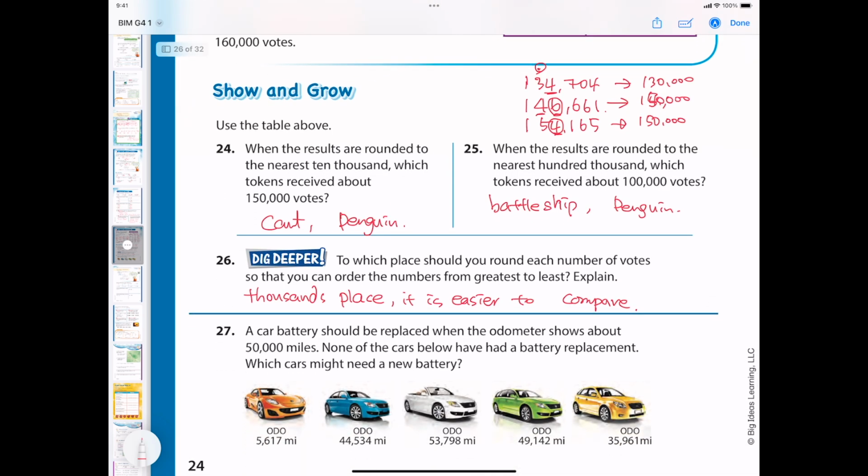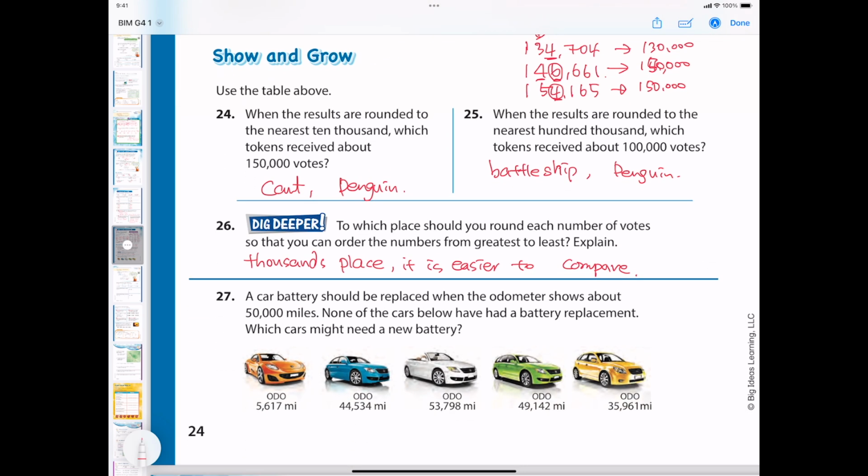All right, 27, last question. A car battery should be replaced when the odometer shows about 50,000 miles. None of the cars below have had a battery replacement. Which cars might need a new battery? Okay, so none of the cars have changed their batteries yet, but when they hit 50,000 miles, they should replace them.